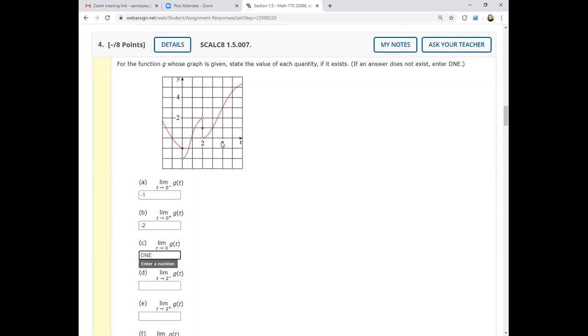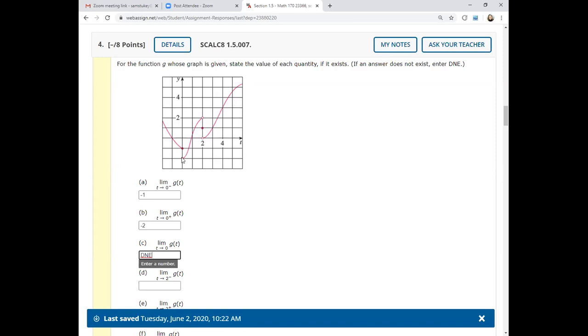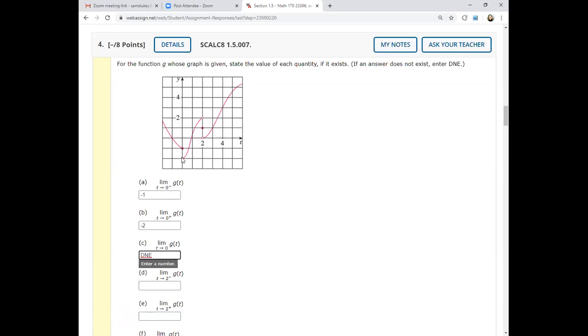The reason is that the limit from the left, which is -1, is not the same as the limit from the right. If they're the same, then you can write what we call the two-sided limit without a designation. But if they're not the same, then you have to specify. Okay, I get it.